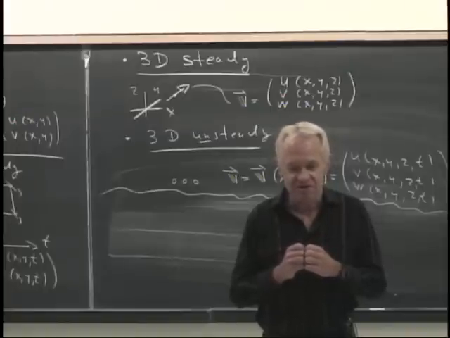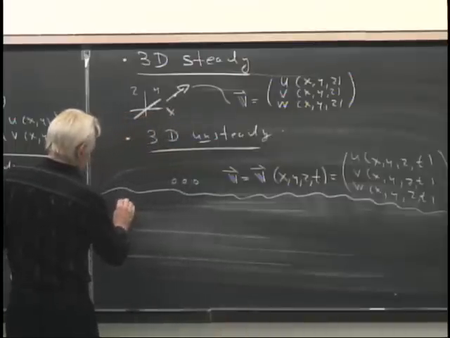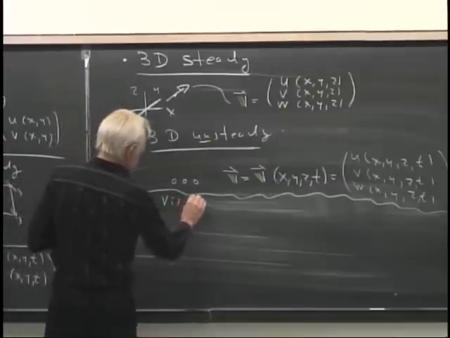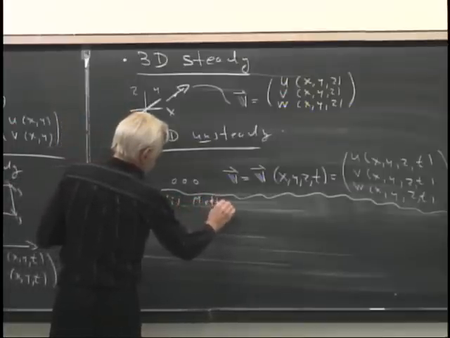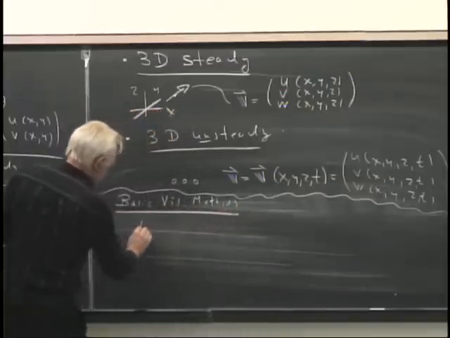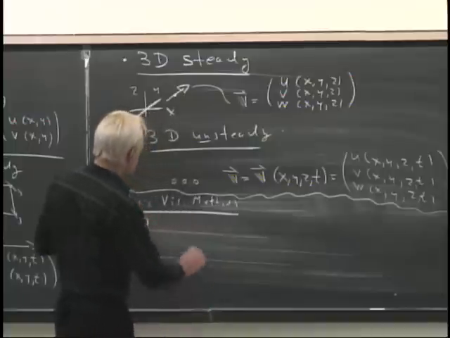The simplest one is called, these are the basic Viz methods. The most basic one is a trajectory or path line. Okay?